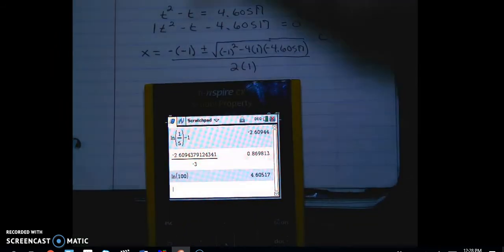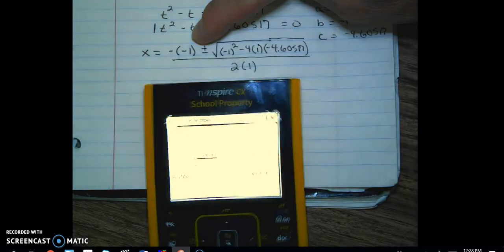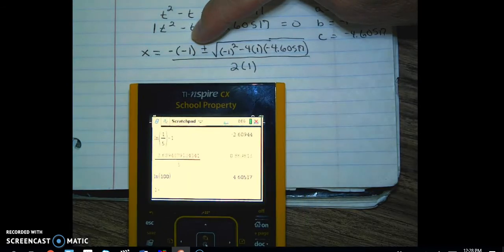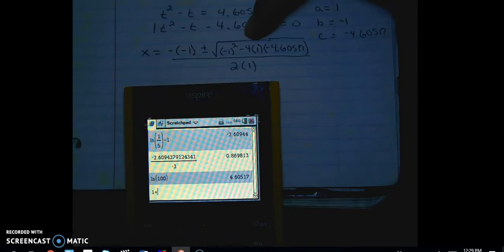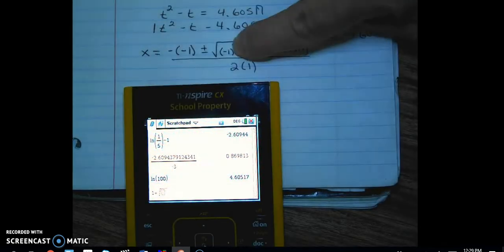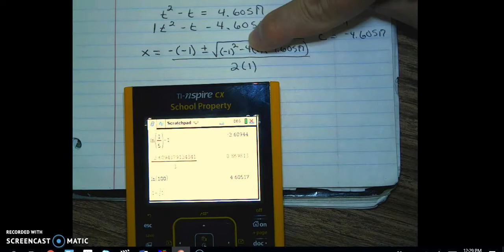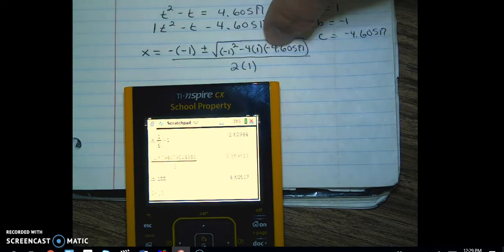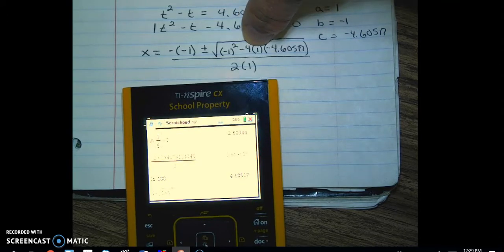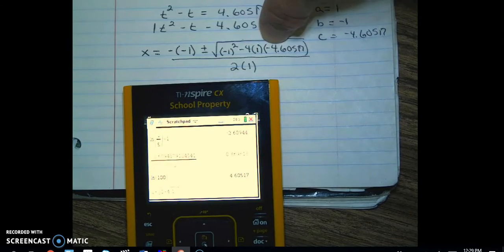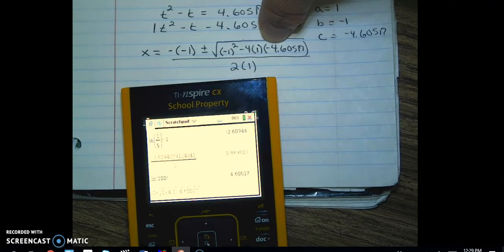So we have 1 plus, we'll do the plus first, square root of -1 squared, which is 1, and this is going to be a negative times a negative, so that's going to be plus 4 times 1, which is 4, times 4.60517.